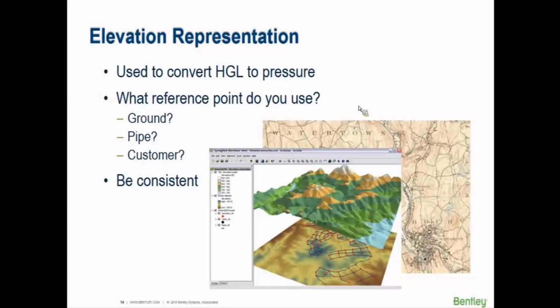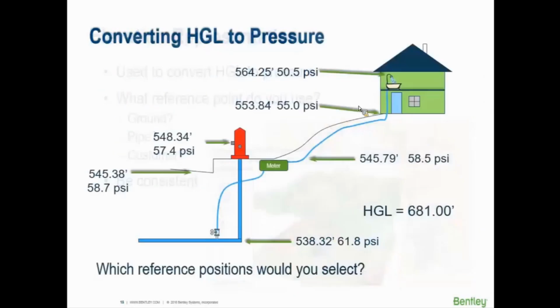A, because it's easier to get to, and then B, because it's going to be closer to your sampling point. So let's think through this a little bit again. We already kind of talked about we're not going to use the pipe because we're not digging a hole down to the pipe. We're actually sampling, in this case, where the hydrant is.